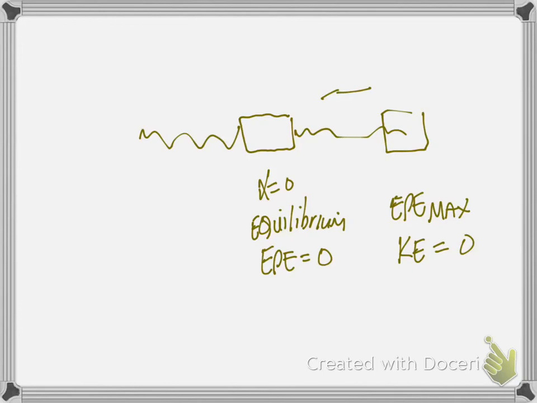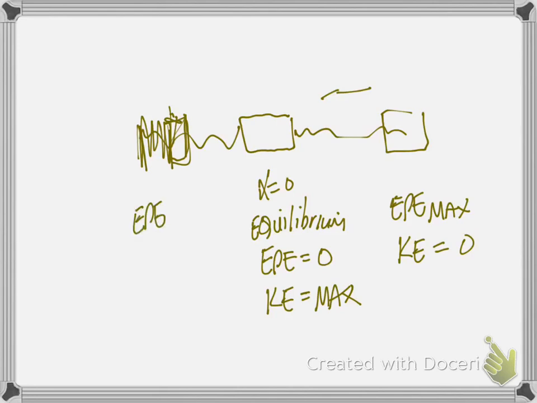Once it gets to the equilibrium, again, no EPE, but its velocity is maximum, so its kinetic energy is maximum at this point. Once that mass gets all the way back here and compresses the spring all the way, once again, our EPE is going to be maxed out, and the block will temporarily come to a standstill before reversing direction, so the kinetic energy is 0.